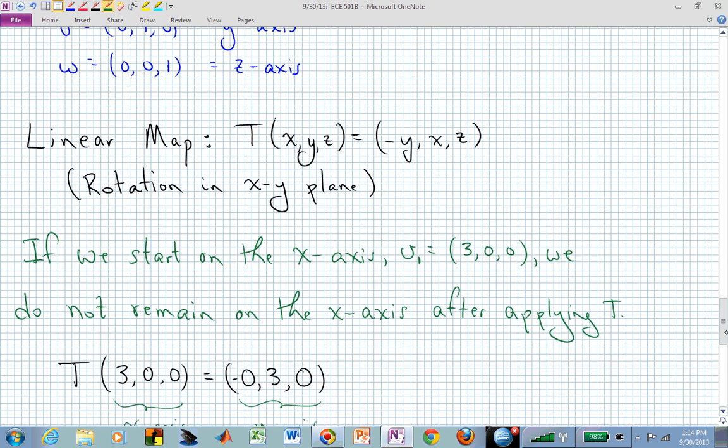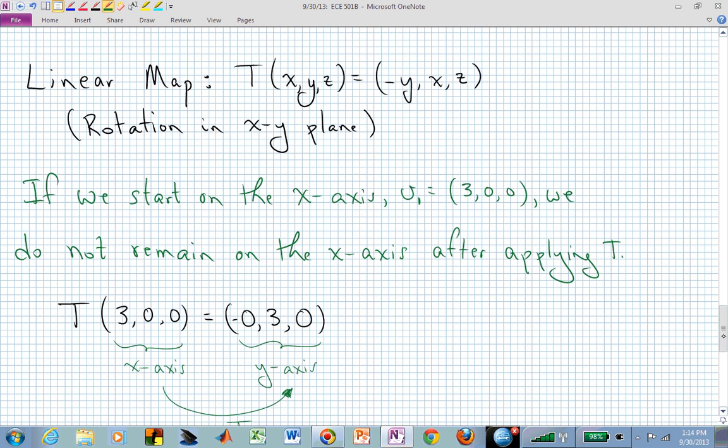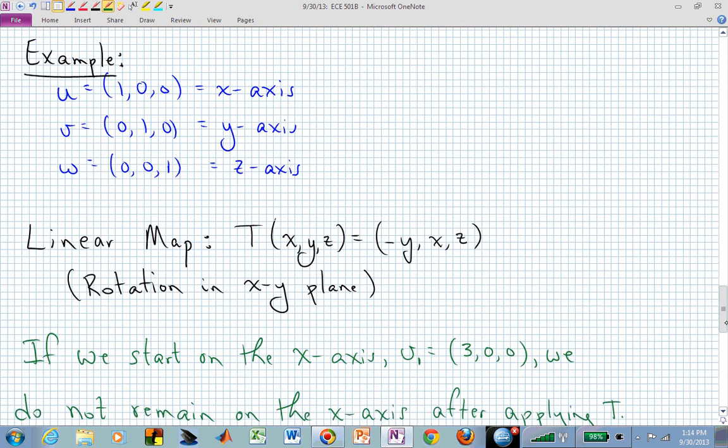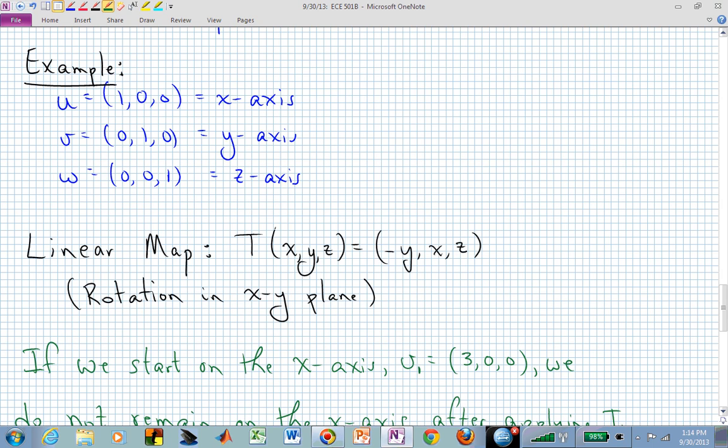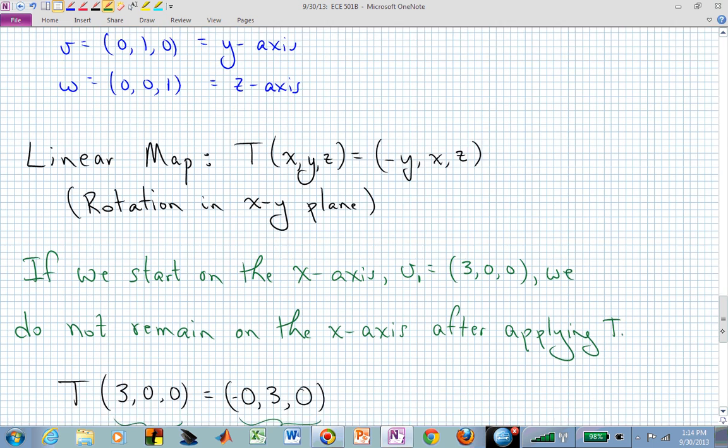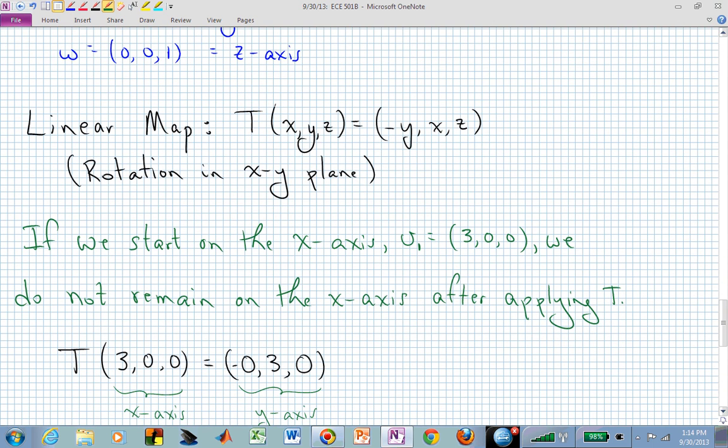Last time we finished this particular example where our linear map was really a rotation in the xy plane. We started with 3 different subspaces. This is a direct sum decomposition of R3, the x-axis, y-axis, and z-axis. But for this particular linear map, which represents a rotation in the xy plane, which you can see if you simply study how x and y are moving between the input vector and the output vector.